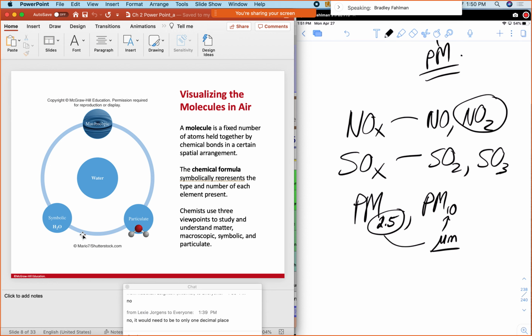I wouldn't really ask definitions per se, but just knowing what a chemical formula is. A molecular representation shows how they're bonded together, whereas a chemical formula doesn't show how these are bonded.